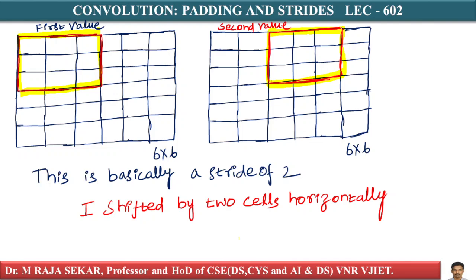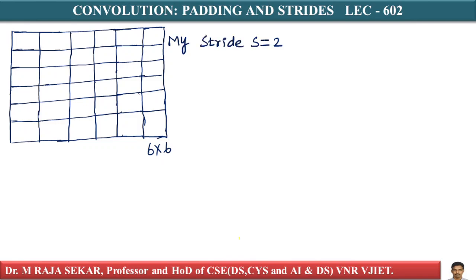When I say my stride s equals 2, it is not just a horizontal stride. Instead of shifting by 1 here, we shift by 2 here.